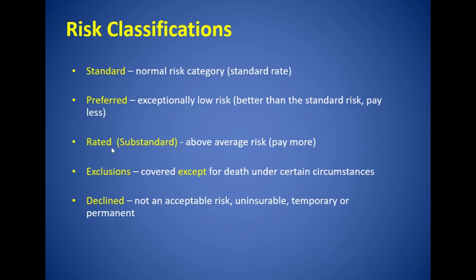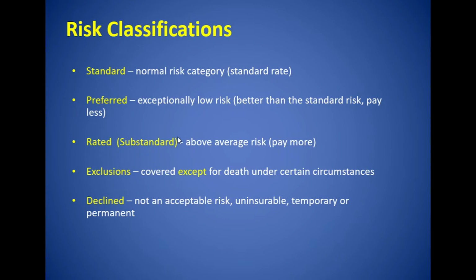Usually when you're rated, it's a percent. So if you have been rated at 150%, it means that your premium is going to be 150% of the standard rate. If the standard rate was $10 per thousand and you are rated 150%, you're going to be charged 150% of $10, which is $15 per thousand.